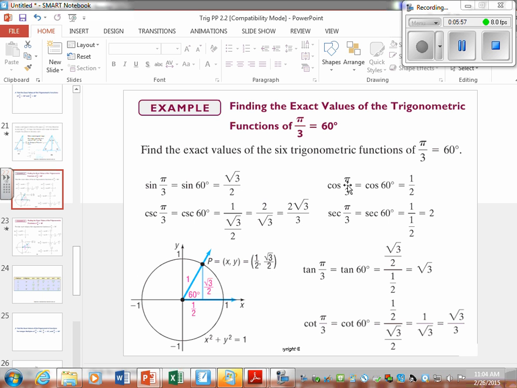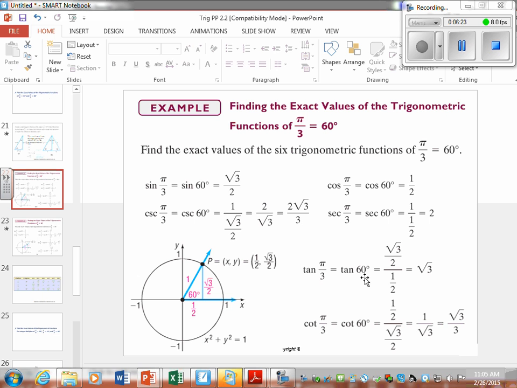The cosine is the x value at that point, 1 over 2. The cosecant is 1 over your y value. Algebraically, you simplify and get 2 square root of 3 over 3. Secant is 1 over your x, which simplifies to 2.